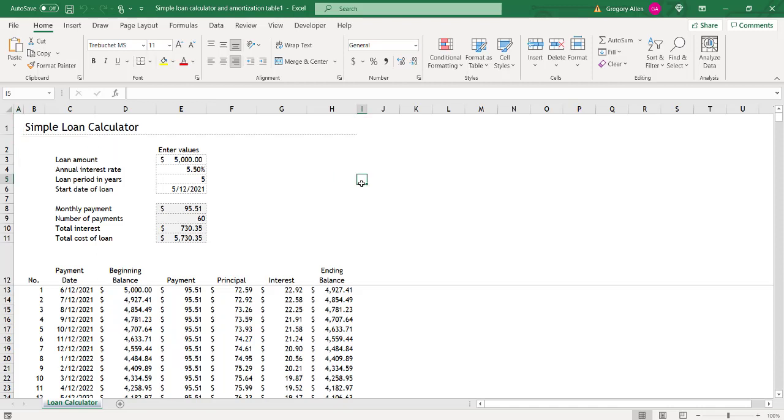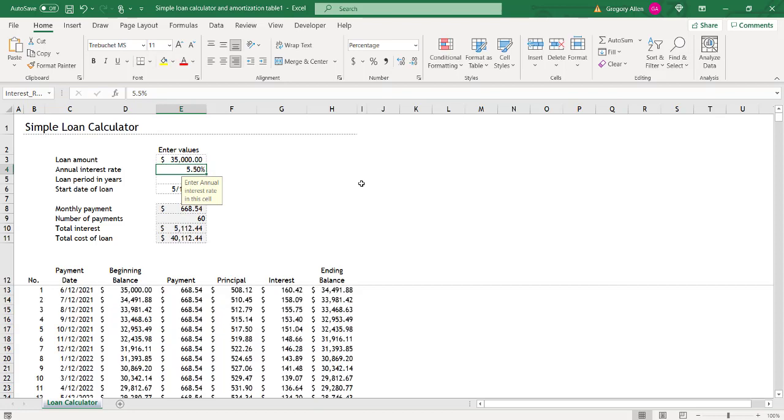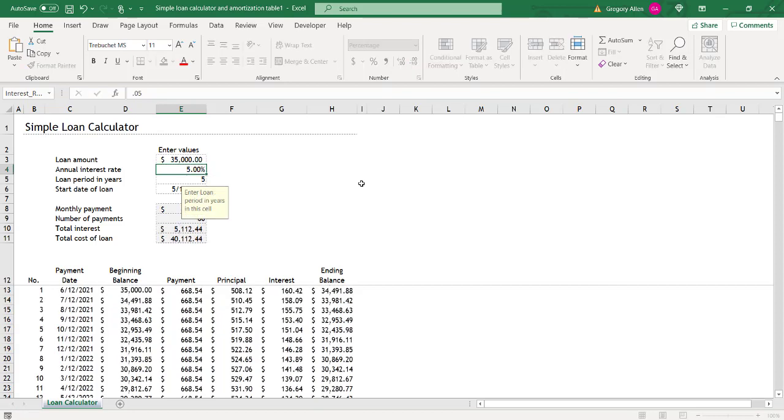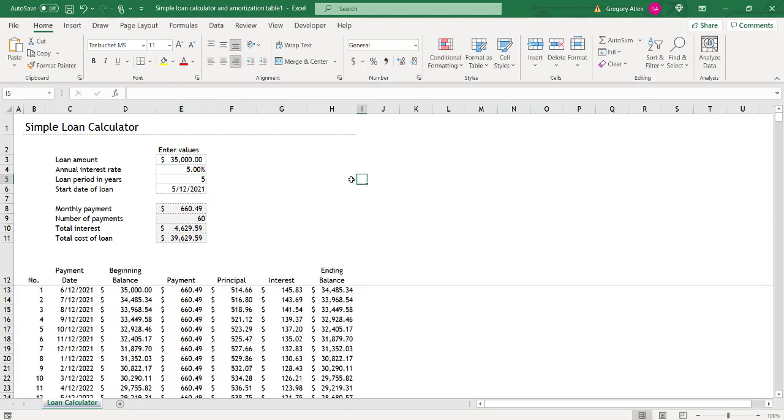So you see, it's got your basic loan information here. Let's say we're taking out a car loan, so let's make it a decent car. Let's say 35,000, and we'll knock this down to 5%. 5 years is pretty standard for a car loan, and let's say the start of the loan was 6/1.